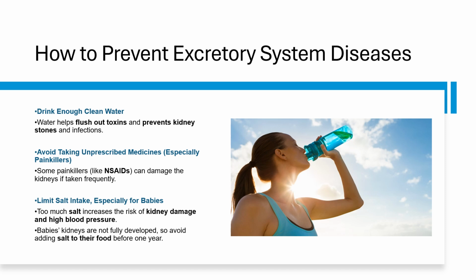Limit salt intake, especially for babies, because too much salt increases the risk of kidney damage and high blood pressure. When it comes to babies, their kidneys are not fully developed, so it's recommended to avoid adding salt to their food before 1 year. So limiting salt intake is also one of the ways to prevent excretory system diseases.